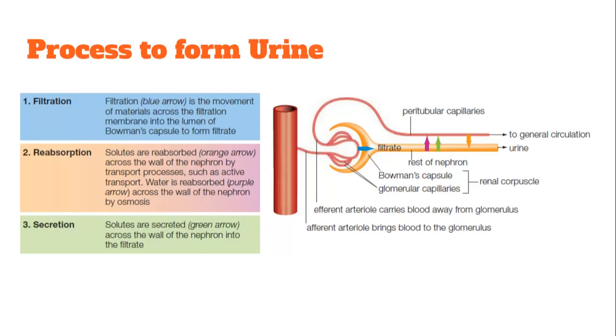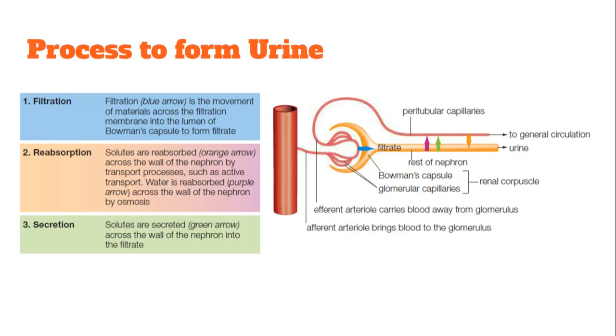There are three processes that occur in the nephron which allow us to form our urine. And we can see that the first one is filtration, second we have reabsorption, and third we have secretion. So the first step, filtration, occurs within the glomerulus, and that's where all those capillaries are bundled up inside that Bowman's capsule.